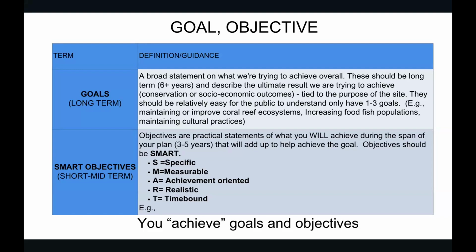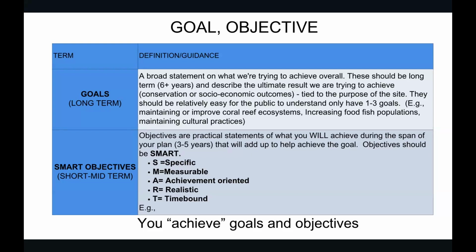Achievement oriented, again, this is meaning you accomplish an objective. It's a result versus you doing something. They should be realistic. Like sometimes people will say, we're going to eliminate poaching by 100%. And that might not be realistic.